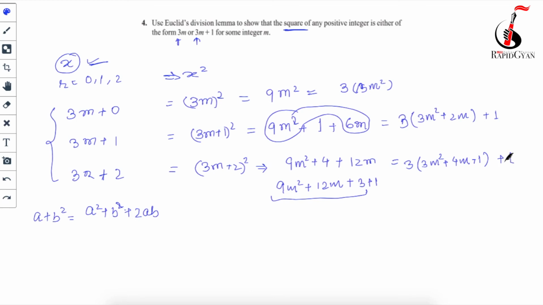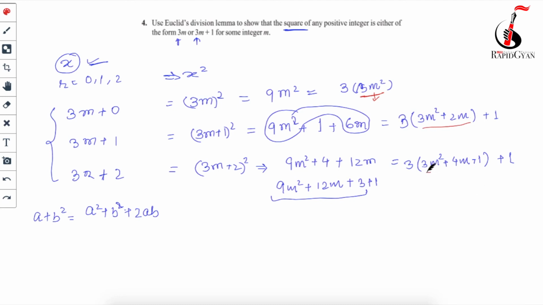Okay. So look into this, what you are seeing. This 3m square is of course some integer, because put any value of m, you will get some integer. Here also, just put any value of m, you will get some integer, and here also.